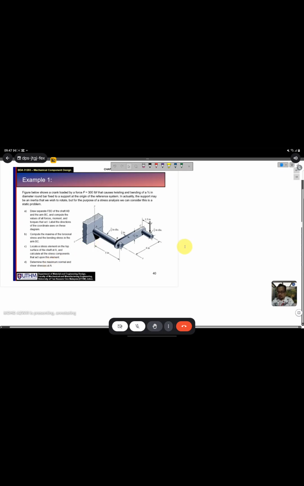Okay, so we have a crank here loaded by a force of 300 pounds. This 300 pounds will cause twisting and bending to a 3/4 inch diameter. So this is the rod, with 3/4 diameter, fixed to a support at the origin of the reference system.